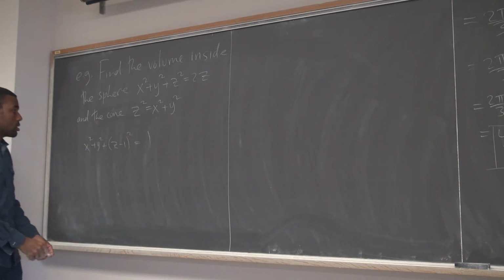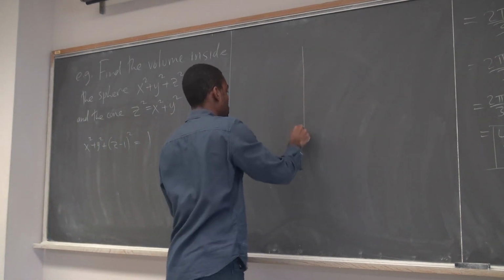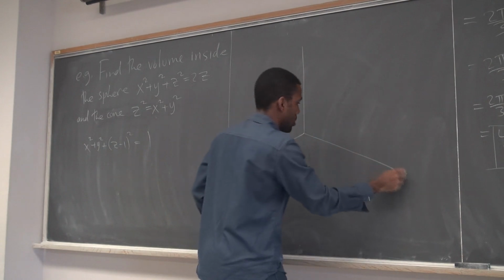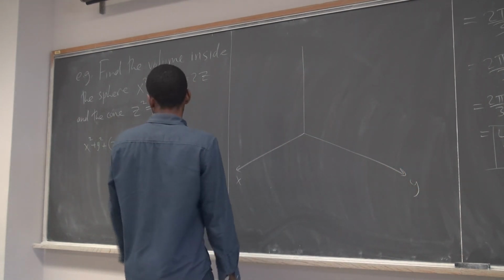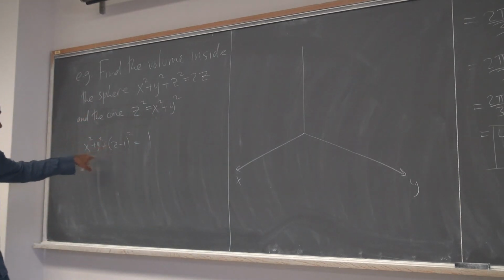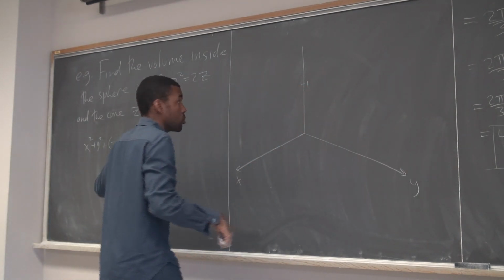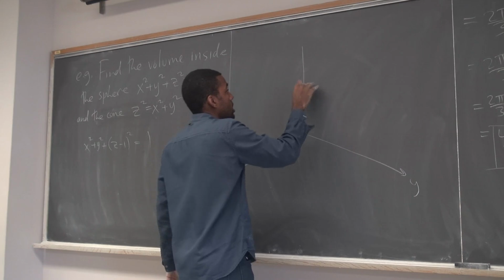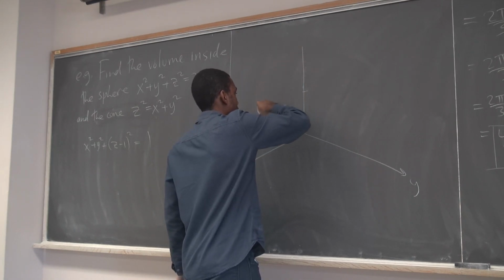So how would that look? The sphere's center is (0, 0, 1), right? So it's 1 on the z, and the radius is 1. So it's actually sitting right on top of the xy plane.